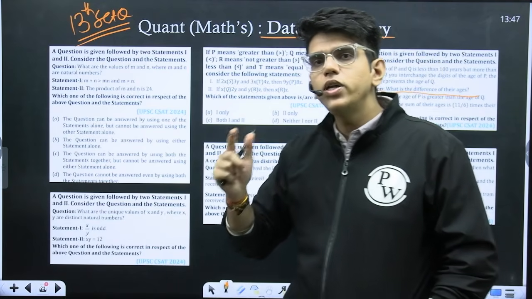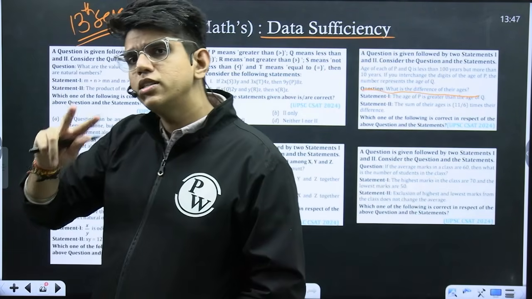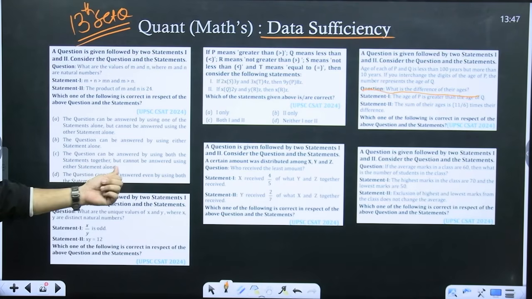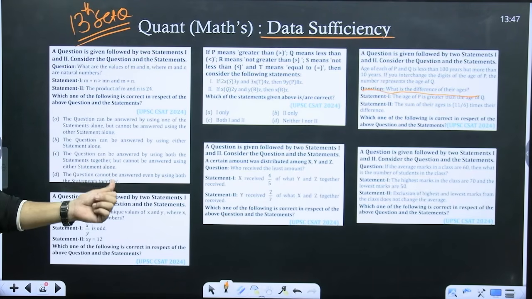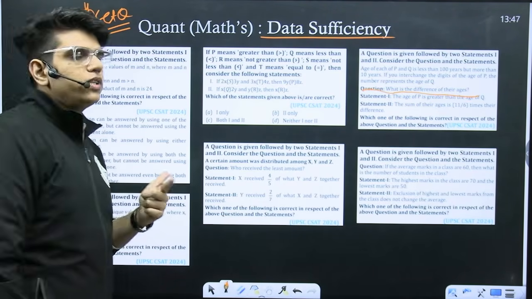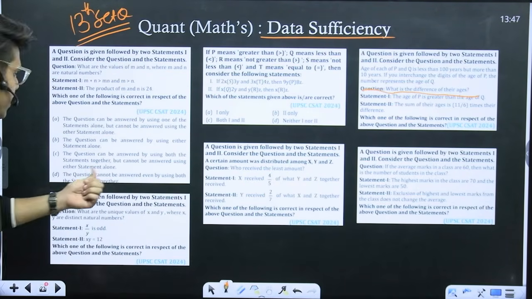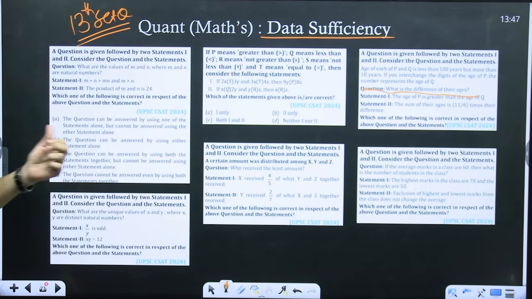If you get a unique answer by using both statements together, your option becomes the question can be answered by using both the statements together but cannot be answered by using either statement alone. Even after using the two statements, if you are not able to answer the question, then your option becomes the question cannot be answered even by using both the statements together.